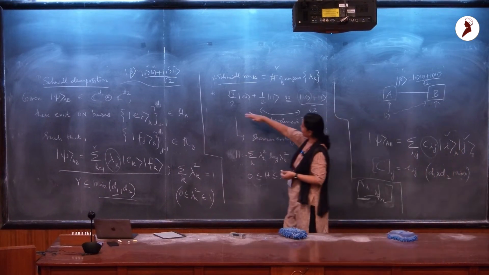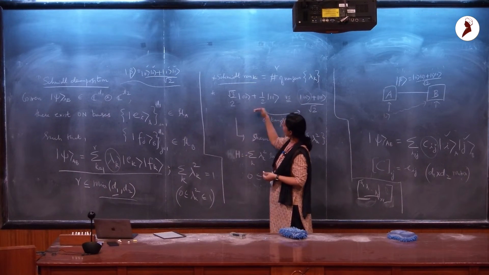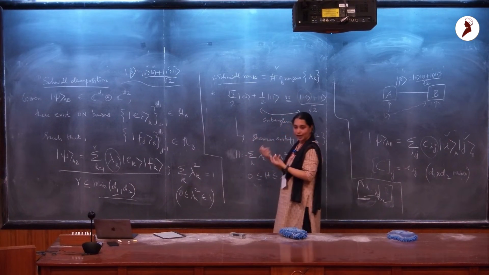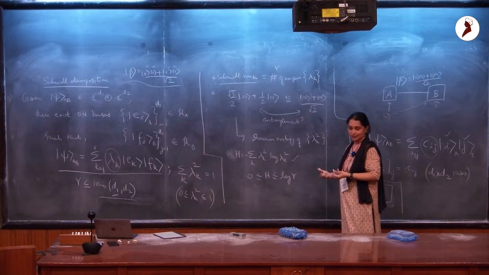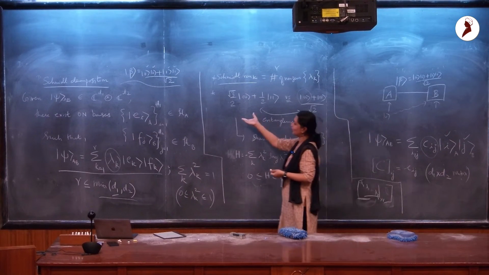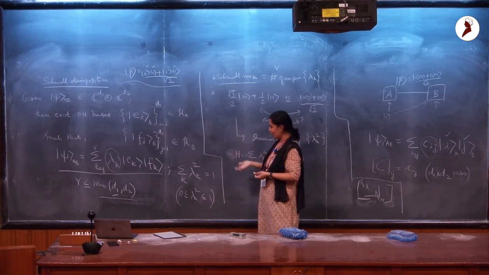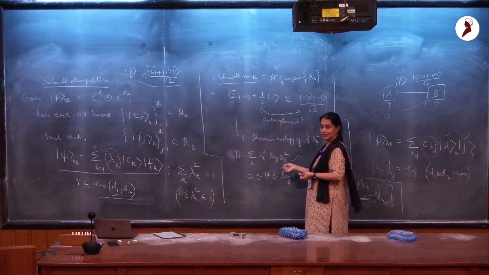Correspondingly here, because it is no longer an equal superposition, the amount of uncertainty is lesser, or the amount of information that you're extracting upon performing this measurement is lesser. And of course, correspondingly, the entropy associated with that is lesser.